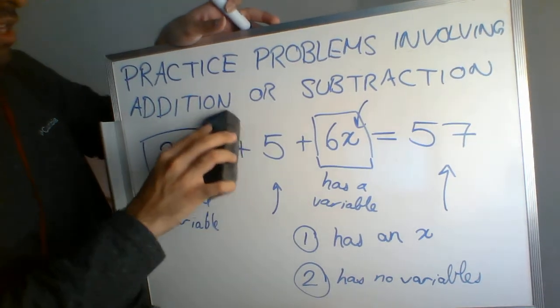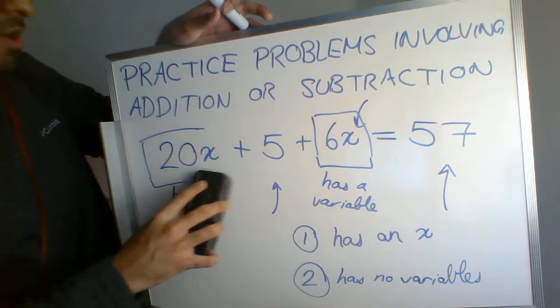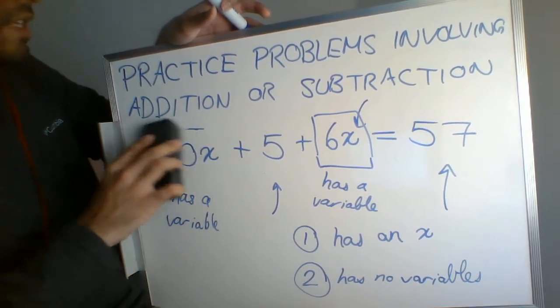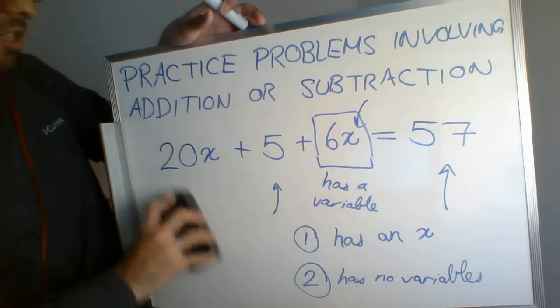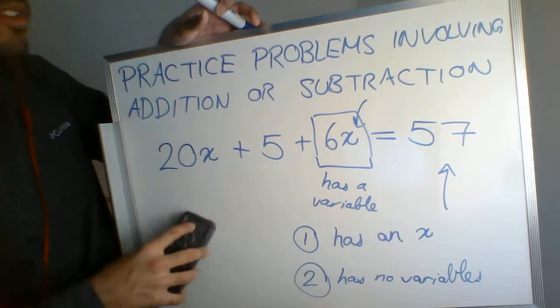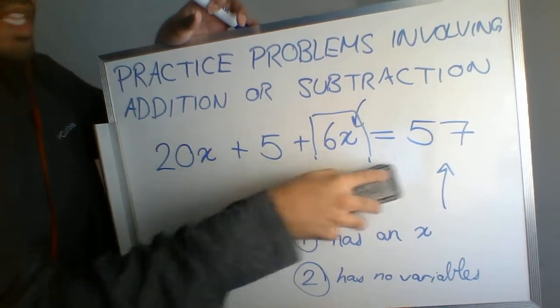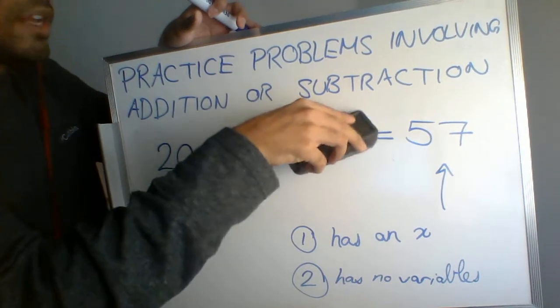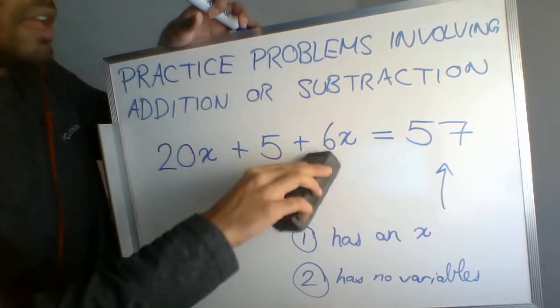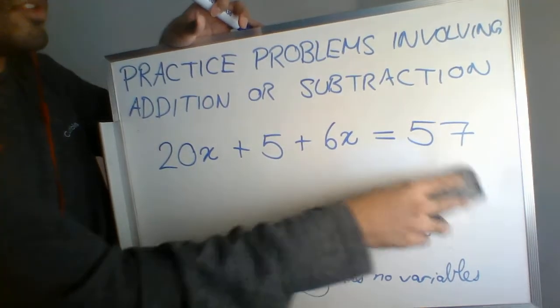I'm going to get rid of some of the things I've written on these boxes around here. But basically the thing we want to notice from the setup here is that this first term, this 20x, has a variable in it, and the 6x over here also has a variable in it, but the 5 and the 57 have no variables in them whatsoever.